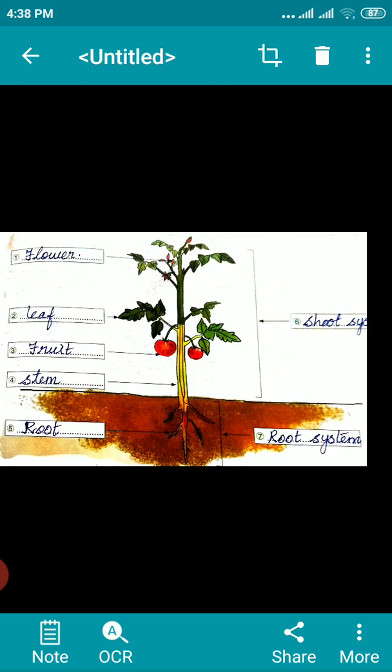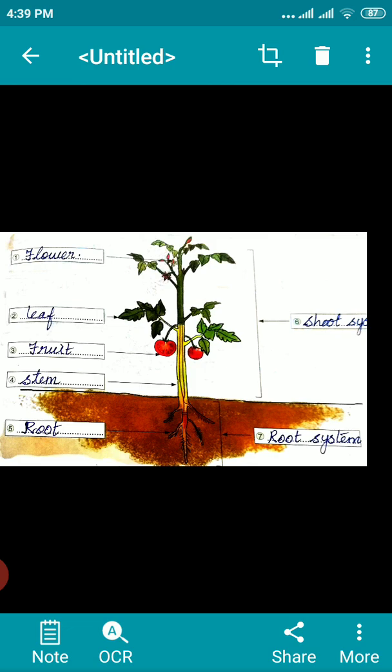It consists of the stem which bears branches, leaves, flowers and fruits. The root system of a plant is usually present below the ground and mostly consists of a cluster of roots. So in this picture you can see the parts of the plants. These are the common parts in all the plants.